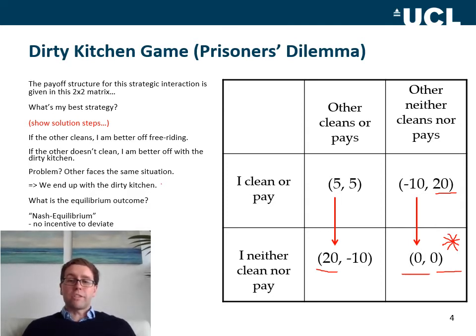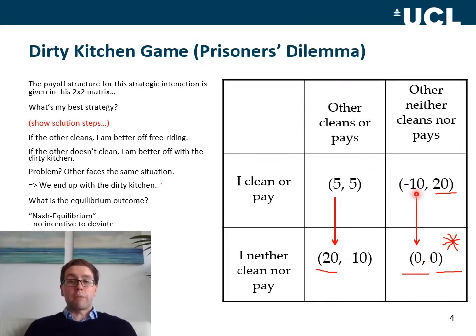And what does it mean? So it's an equilibrium outcome because no player has a unilateral incentive to deviate. So if we're not cleaning, neither of us is cleaning up, can I individually make myself better off? And the answer is no. So if we're in this situation, and we both don't clean up and we both don't get the benefit, I can change my choice from not cleaning to cleaning, yeah.